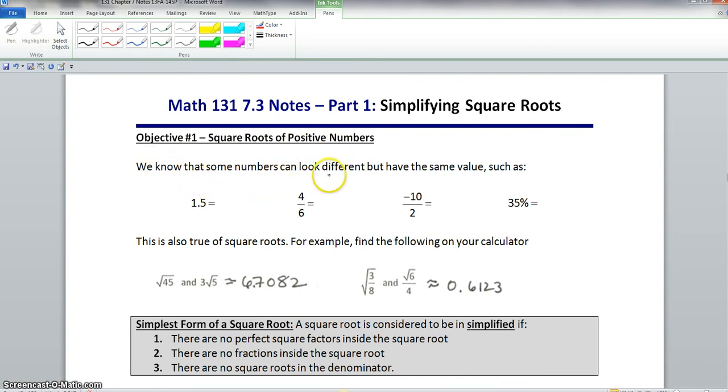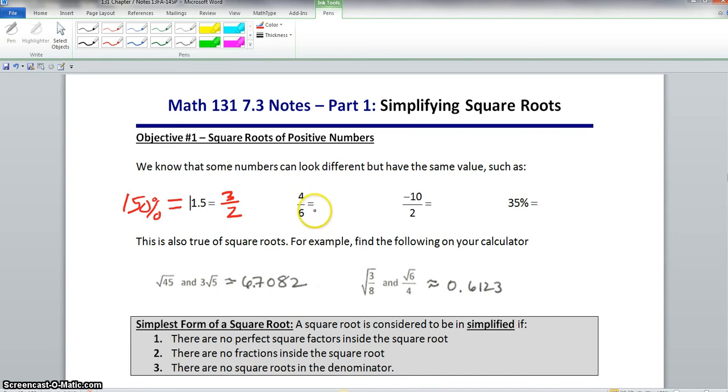We know that some numbers can look different but have the same value, such as 1.5, which could be rewritten as 3 halves, or if we wanted to write this as a percent, we could write this as 150%. Now we have 4/6.